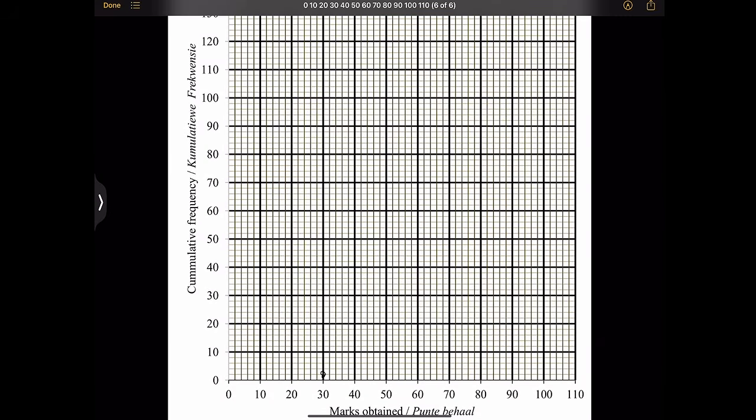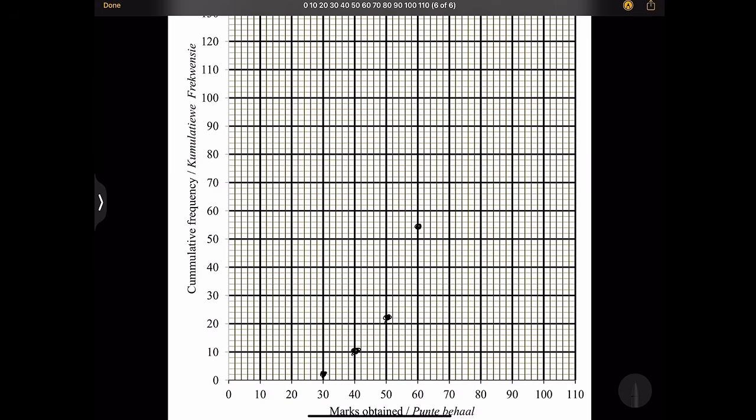And at 40, I've got 10. So there's my ogive. At 50, I've got 22. At 60, I've got 54. All right, so it's getting more intense. So that's 54 over there.